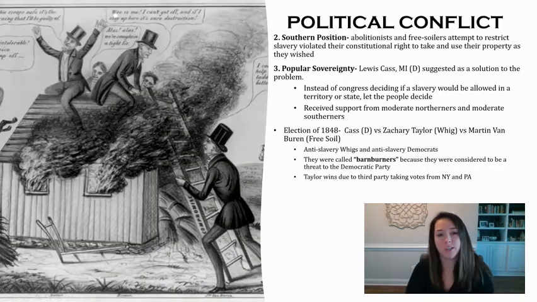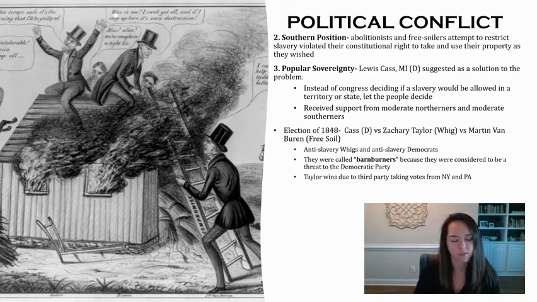So the second position is going to be that of the Southerners. And remember that they're very defensive at this point in time. You have the abolitionist movement and free soilers that are attempting to restrict slavery in the West. And they believe that that is now a constitutional issue. It's interesting because Southerners' view on the justification of slavery evolves over time.